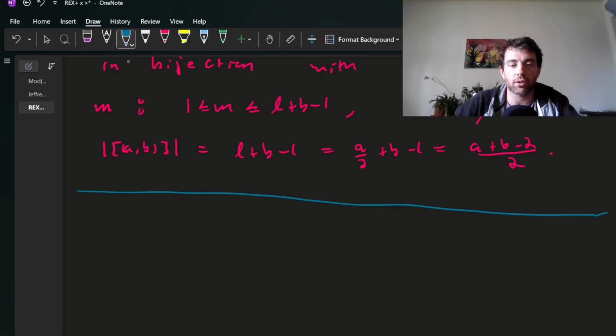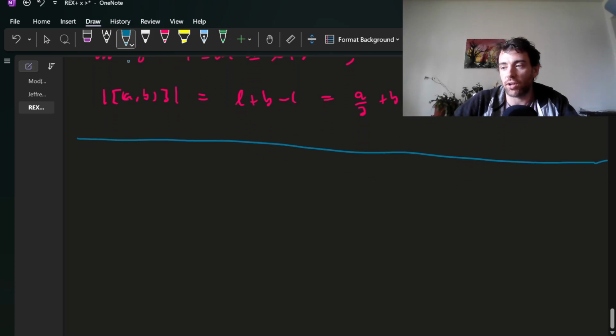Just like before, basically the point is that it will come down to these conditions. Let's see. I made some notes here just so I wouldn't get myself messed up. So if A is odd, then what? A will be equal to 2L plus 1.